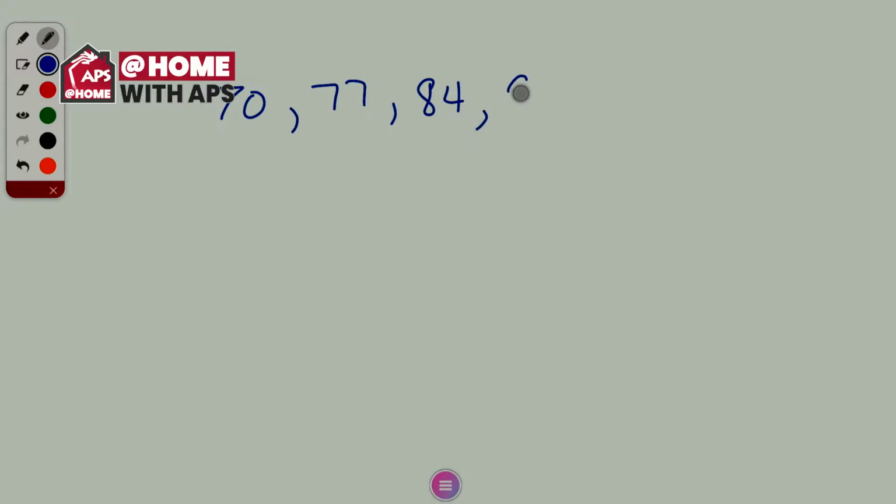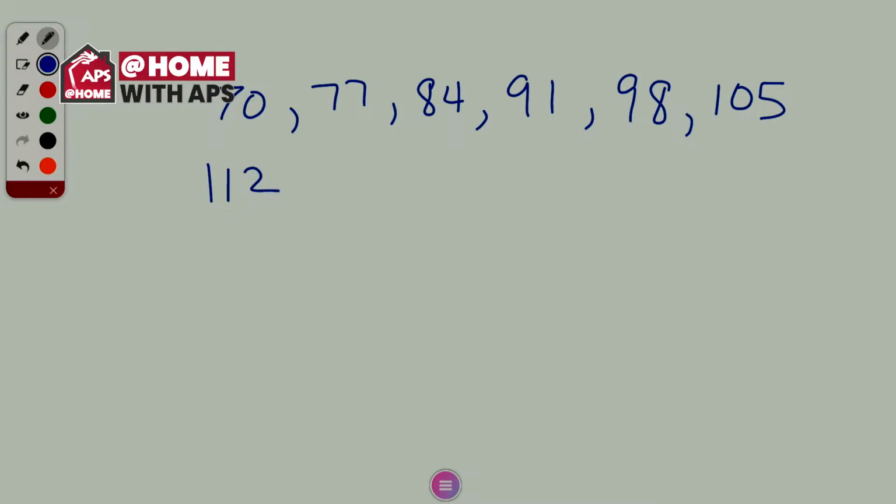And 91, 98, 7 more, 105. Okay, I'm into those 3-digit numbers. All right, would that work for my third clue? Remember, they have to add up all together to 15. Well, I have a 1, a 0, and a 5. If I add 1 and 5, that's only 6. Okay, got to keep going.